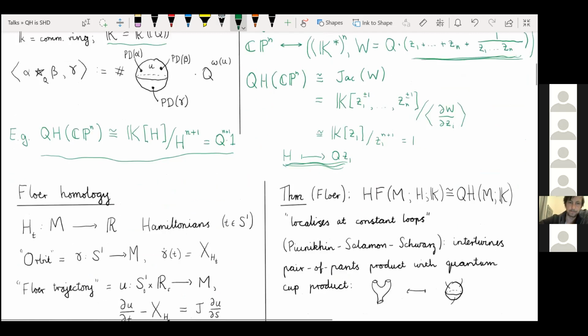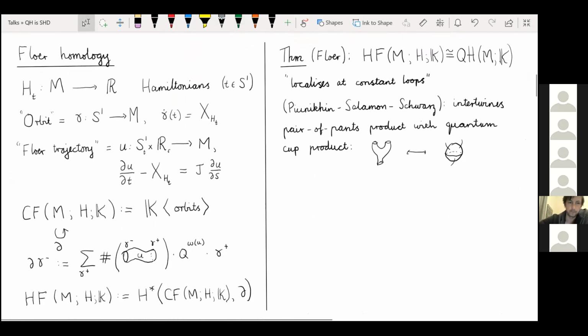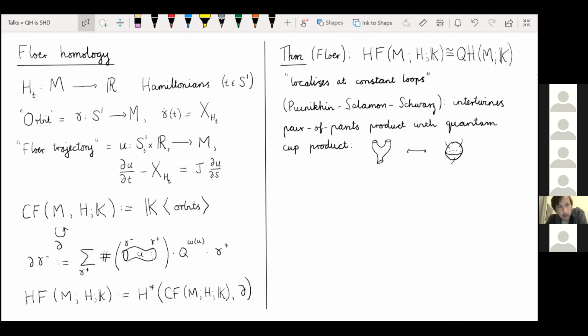Okay. So rather than thinking of quantum cohomology in the way I just described it, we'll instead use the Hamiltonian Floer homology of M, which is equivalent. For this, we need to introduce an auxiliary S^1 family of Hamiltonian functions H_t.